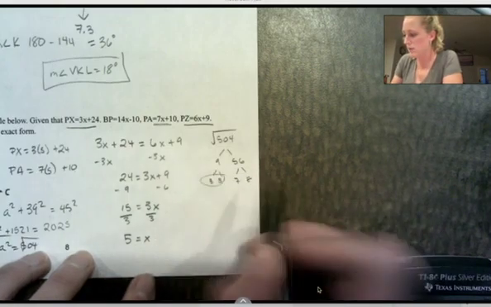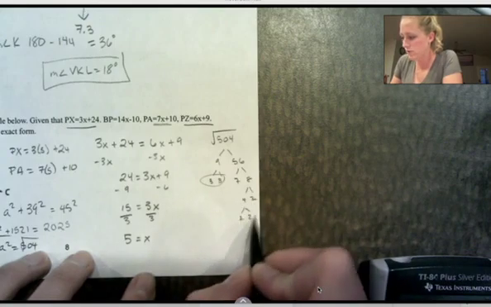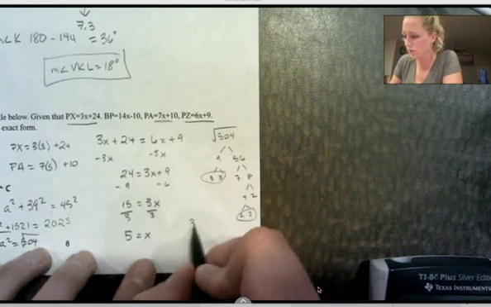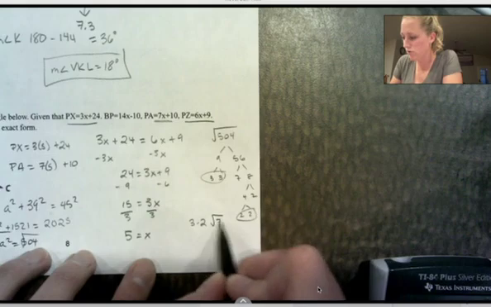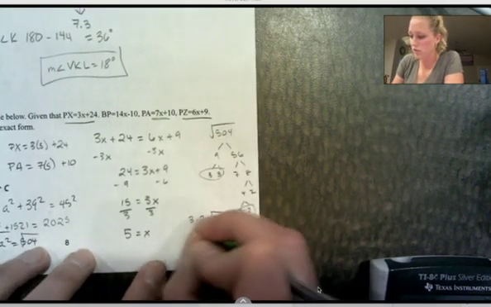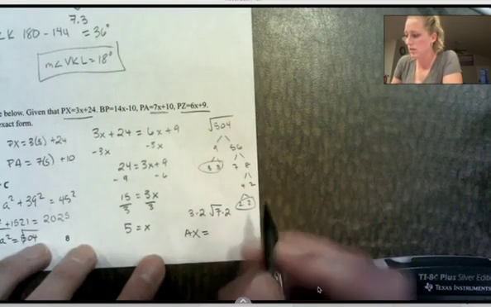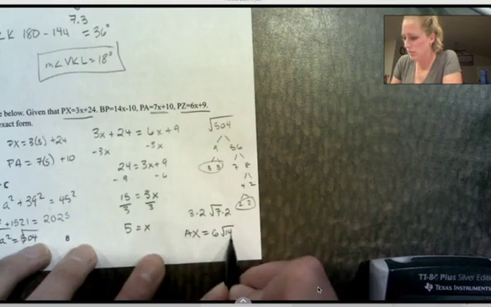There's a buddy I can pull out. 8, 4 and 2. 4, 2 and 2. So I have a 3 and a 2 I can pull out front. So 3 times 2. Underneath I still have a 7 and a 2. So our a, which is actually, I'm going to relabel side AX, is 6 times the square root of 14.